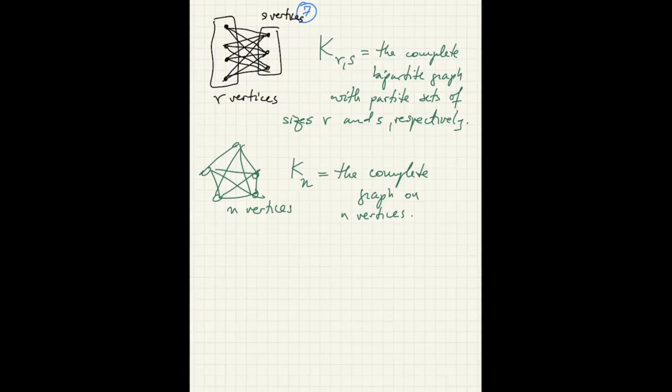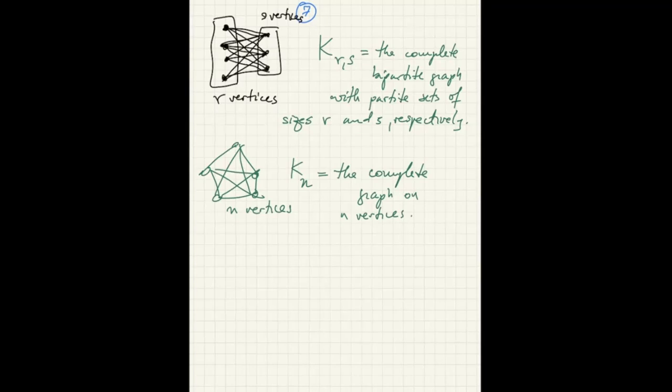Now, there are many bipartite graphs. What's common amongst all of them? Well, if we try to do something as before, walk on every edge exactly once and come back to where we started, this graph K_{R,S} is definitely not Eulerian, because the vertices on the left have degree 3.